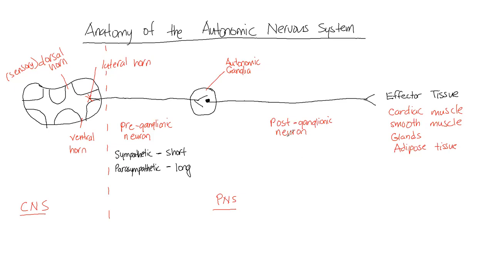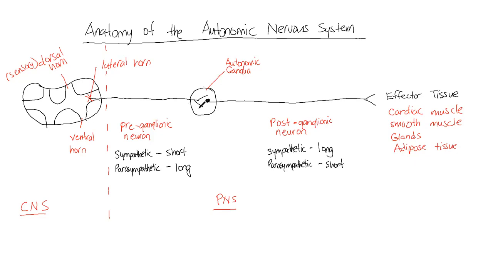In the sympathetic system, the postganglionic neuron is long. Yeah, so in the sympathetic system, we've got a long postganglionic neuron, whereas in the parasympathetic system, we've got a shorter postganglionic neuron, okay?